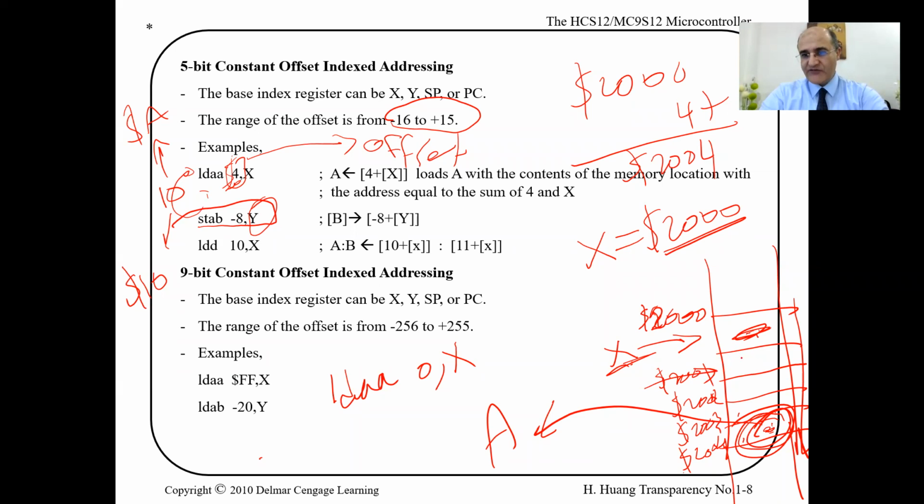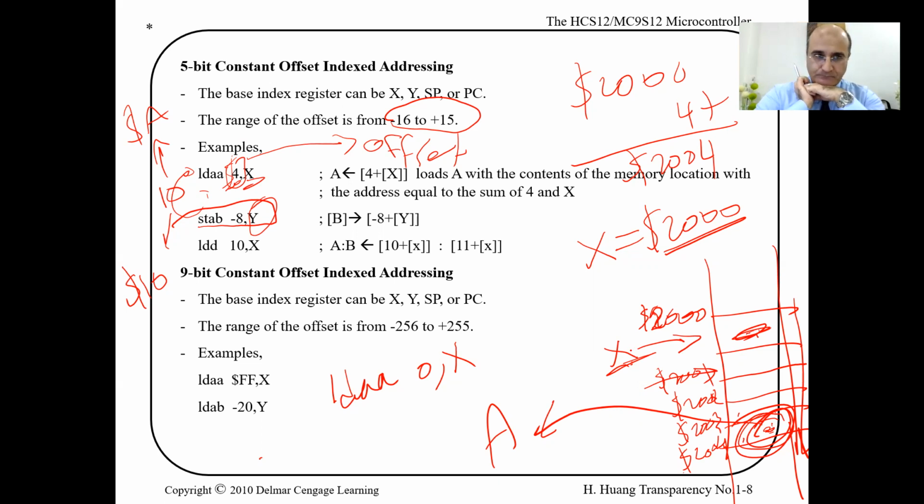So plus the offset, you moved one location forward. So you can move 100 times and do the same operation. Instead of repeating it 100 times, you can put it in a loop that repeats 100 times, incrementing the pointer. In this case, the index register is the pointer in every loop.